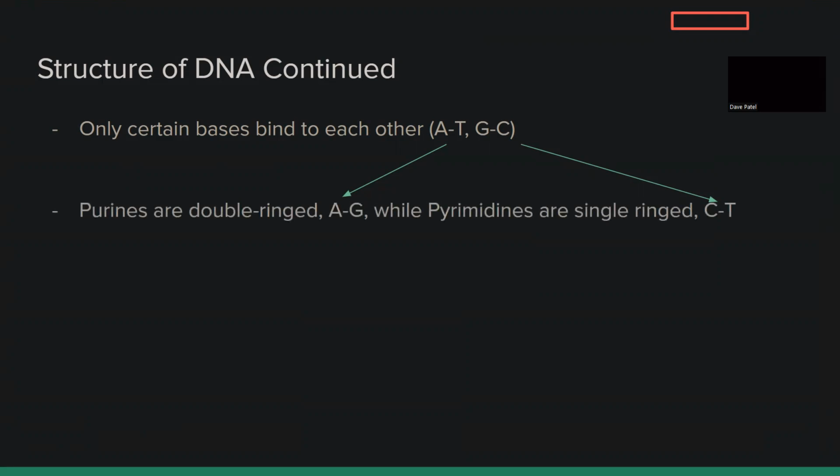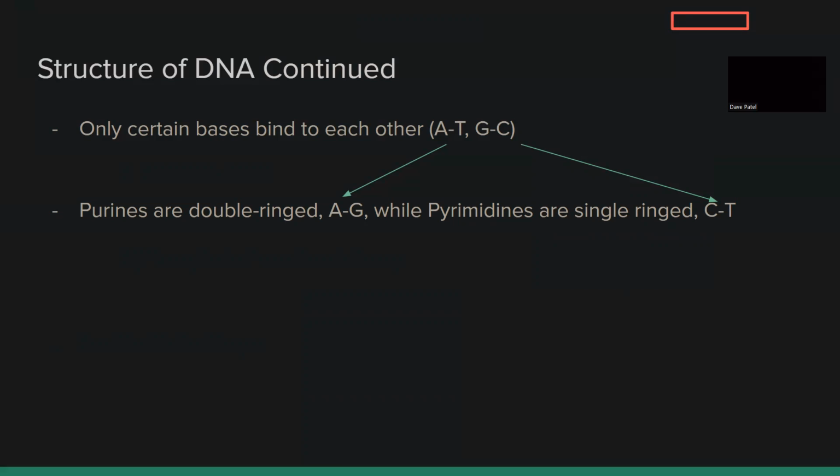Purines are basically the two bases that are double rings, so you have adenine and guanine, while pyrimidines are single rings, which are cytosine and thymine. If you ask me, the easiest way to remember that is conceptually. The important concept is that when you're pairing two bases together, only a purine can bind to a pyrimidine.